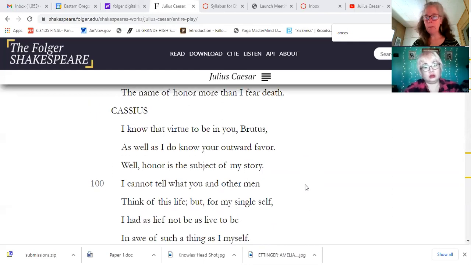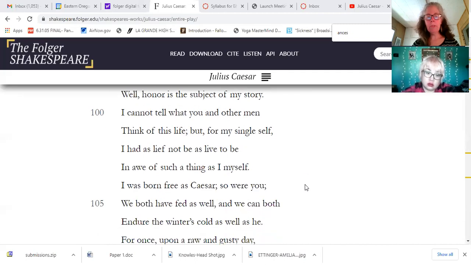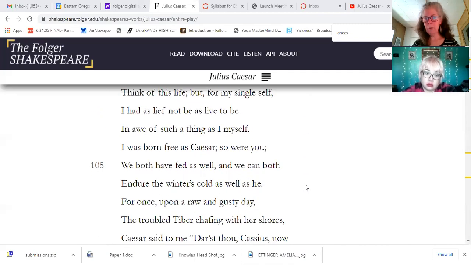Well, honor is the subject of my story. I cannot tell what you and other men think of this life, but for my single self, I had as lief not be, as live to be, in awe of such a thing as I myself. I was born free as Caesar, so were you. We both have fed as well, and we can both endure the winter's cold as well as he.